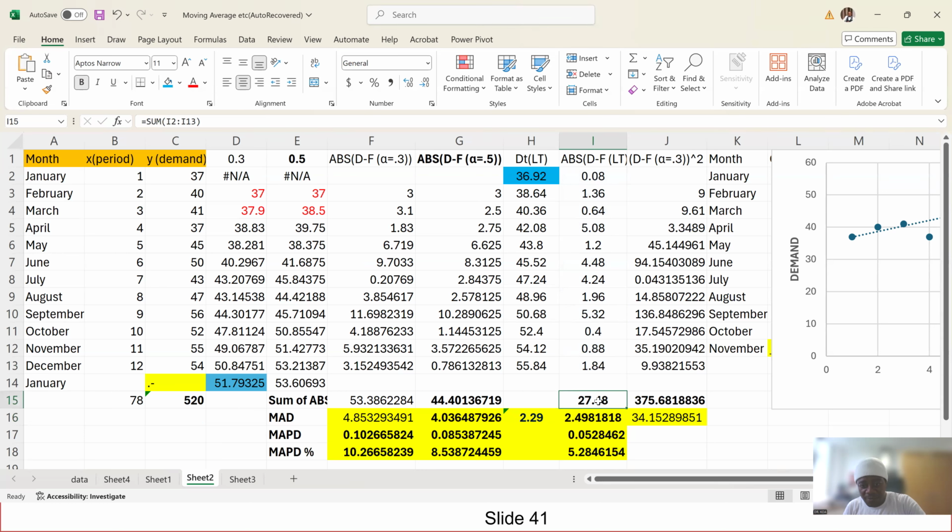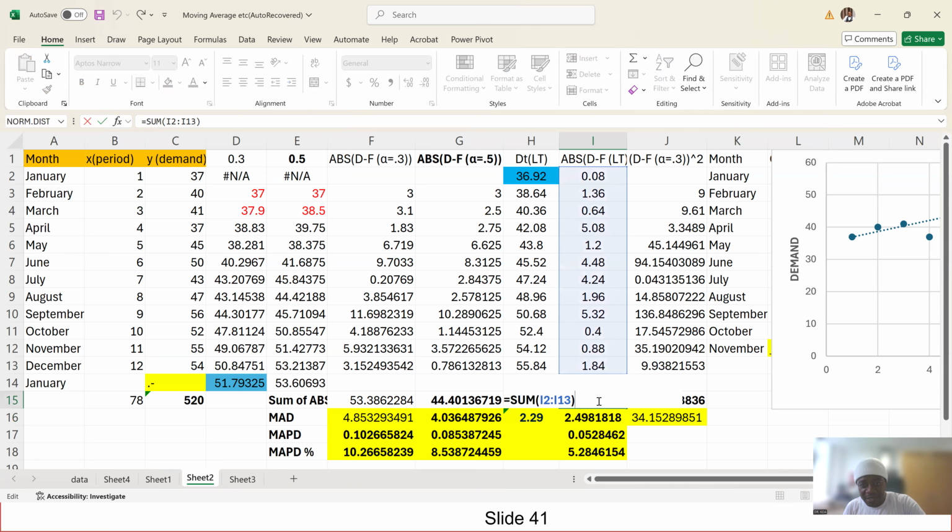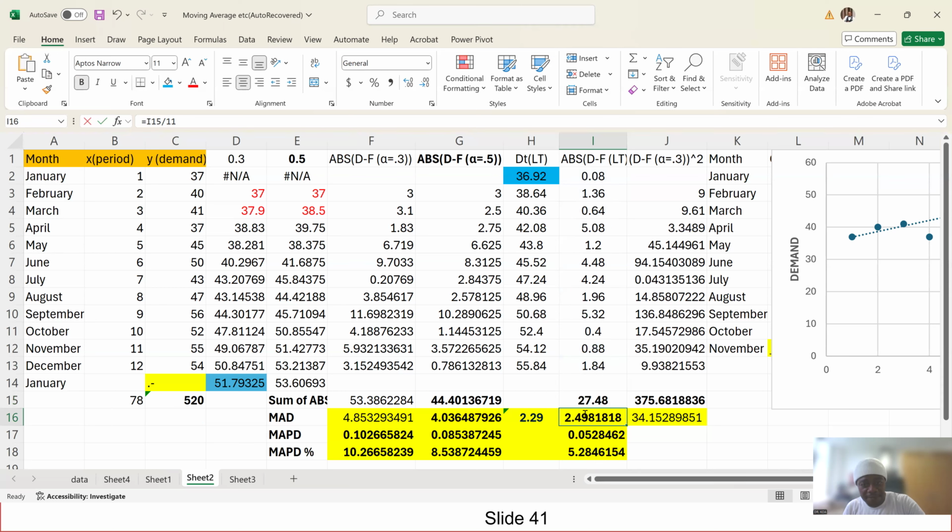Let me be sure. Sum of this divided by that. Then you have this one, we take this one divided by that. So why is it still showing 5.2?